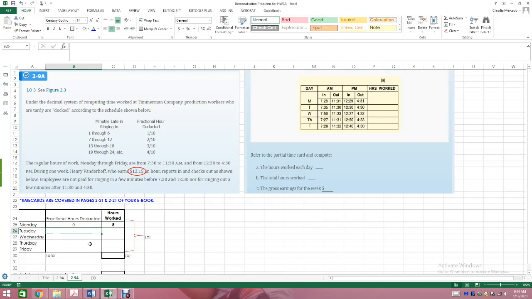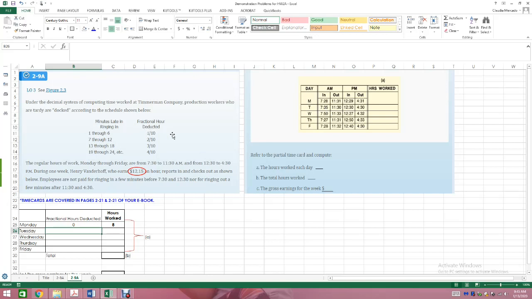Now, on Tuesday, this employee clocked in at 7:35. At what time should he have clocked in? Well, it says here that the employee needs to clock in at 7:30. So that means that this employee was 5 minutes late. If someone clocks in 5 minutes late, he is going to get docked 1/10 of an hour.